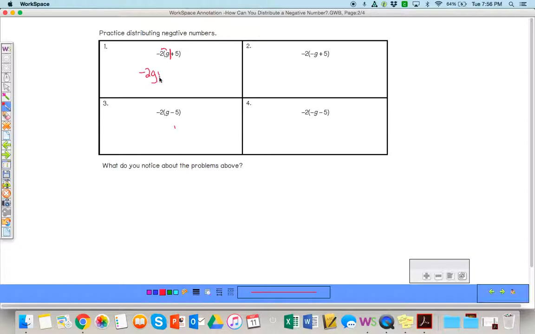So you could write plus -10, or you can just write -2g minus 10. Those mean the same things. I was going to put a parentheses, but it doesn't need to be there. Either way, you're still going to get it right, as long as you know that that 10 is negative.